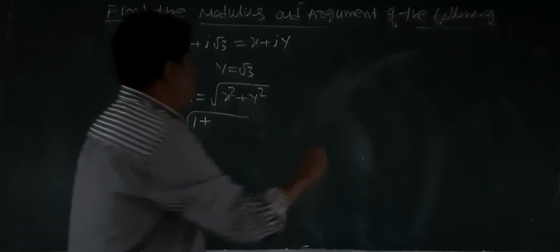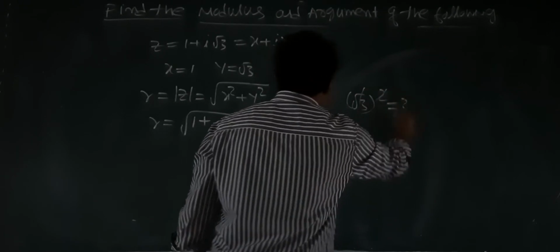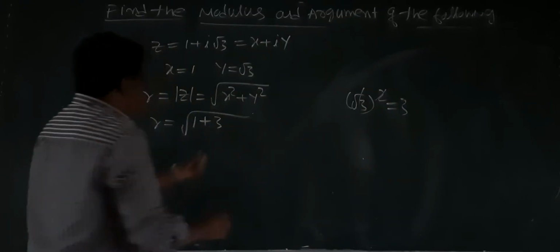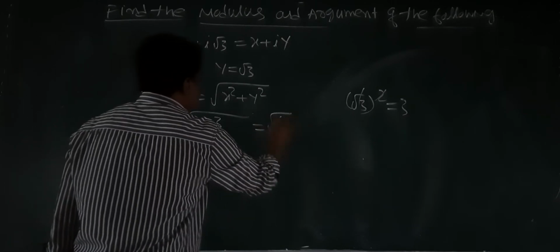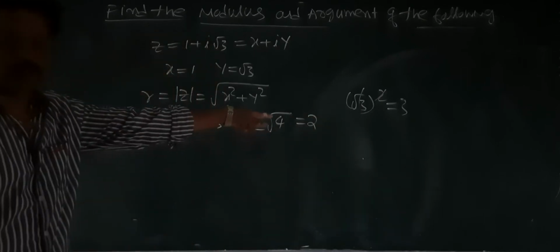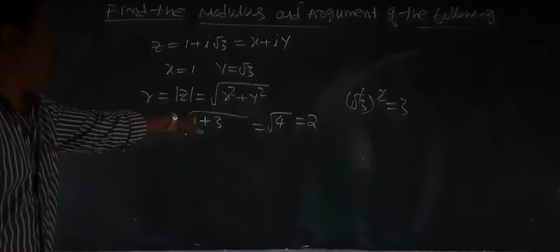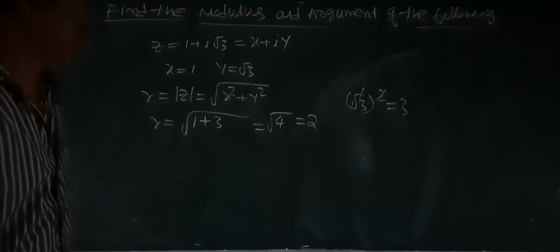How much is root 3 whole square? The square and root get cancelled, it is 3. 3 plus 1 is 4. Root 4 is 2. We got the modulus. Now let's find out the amplitude or argument.